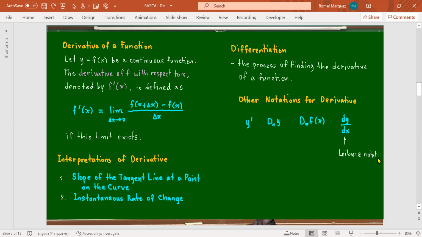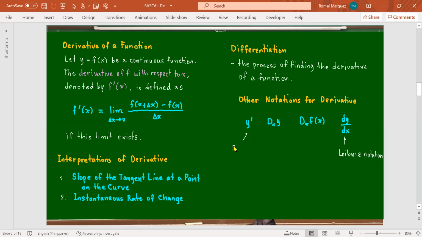Okay? Anong tawag dito, guys, sa notation na to? Leibniz notation. It doesn't mean quotient. Although, later, once we study differentials, we can interpret this as ratio. But for the meantime, this is taken as one entity, one symbol only, to mean derivative or f prime. Ito prime notation.